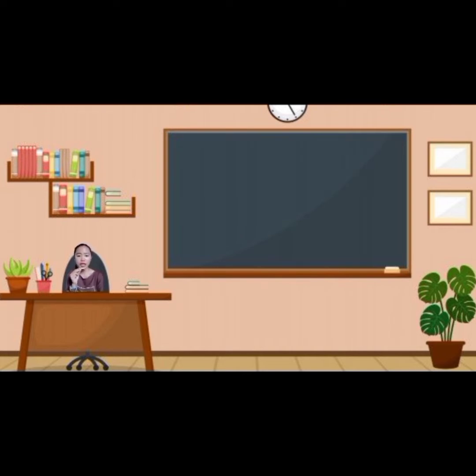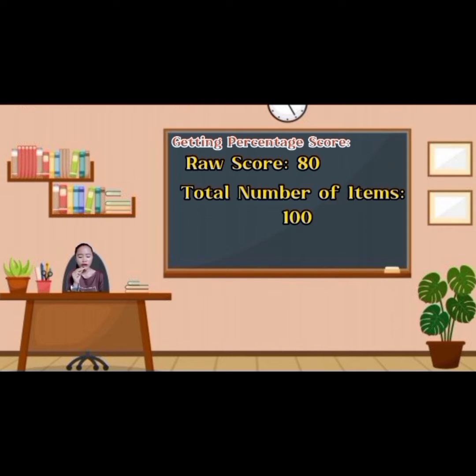So the example here is, if your score in your test is 80, and the total number of items is 100, so your raw score is 80. We're going to divide it by 100, which is the total number of items. 80 divided by 100 is 0.8.